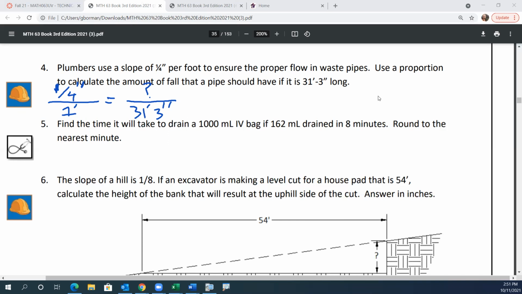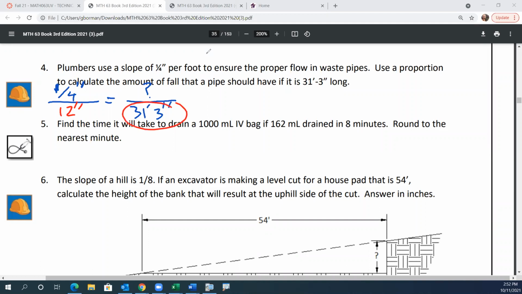Or, well, things just need to agree. What would really be good is if everything was inches. Let's just convert everything to inches. So if we do that, I'll just rewrite 1 foot as 12 inches. Okay, cool. So I got inches over inches.